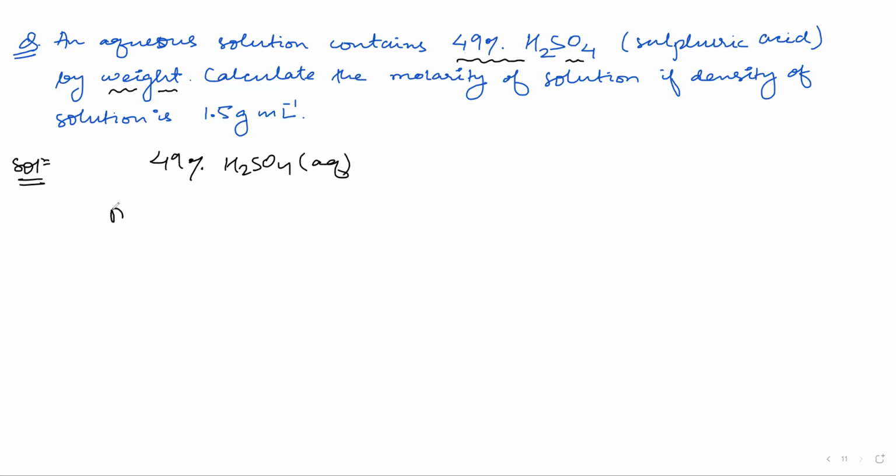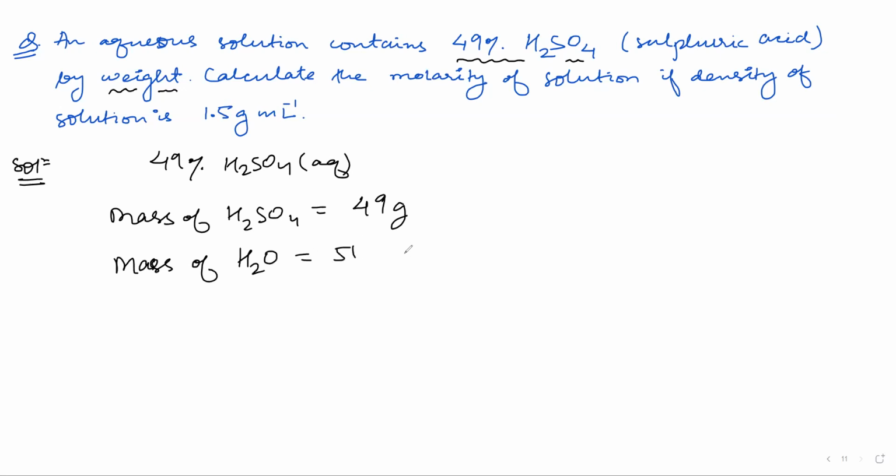So we will have mass of H2SO4 equal to 49 grams, mass of H2O equal to 51 grams. We don't need the mass of H2O, we have just written it like this so that you have a habit of getting the mass of both components, H2SO4 and H2O.